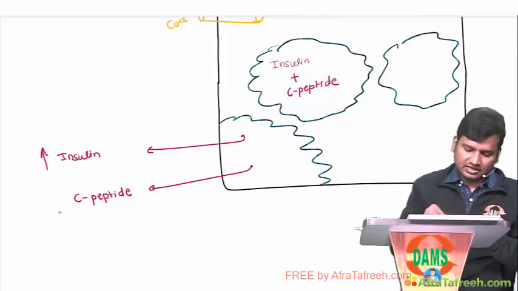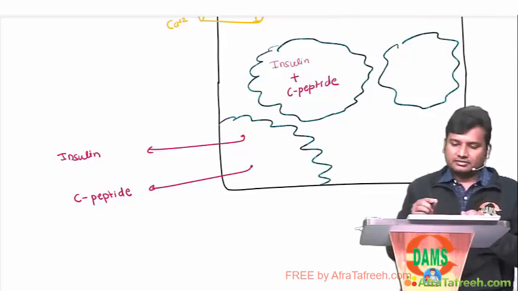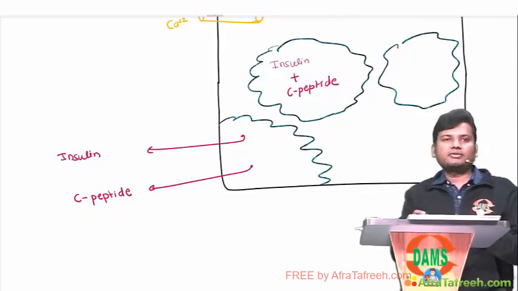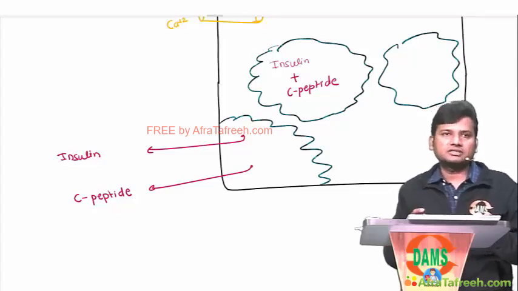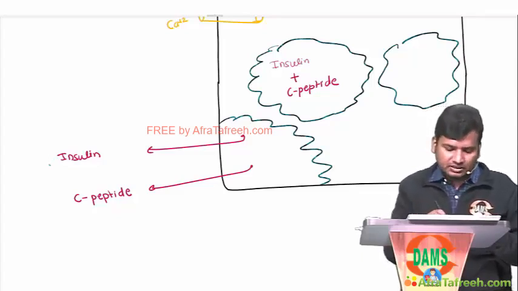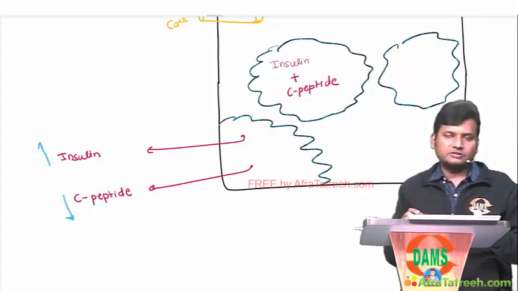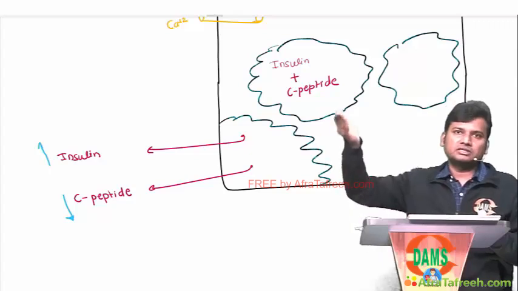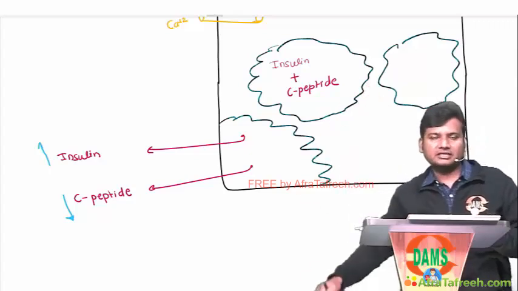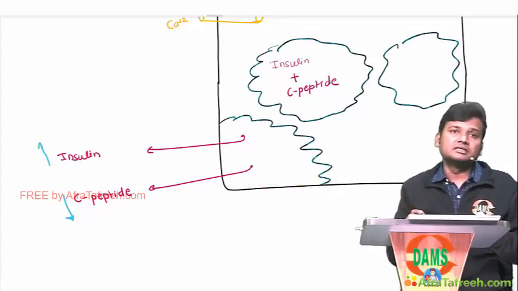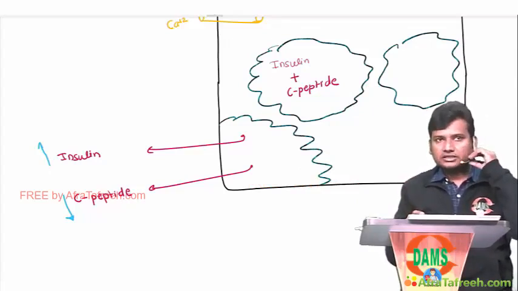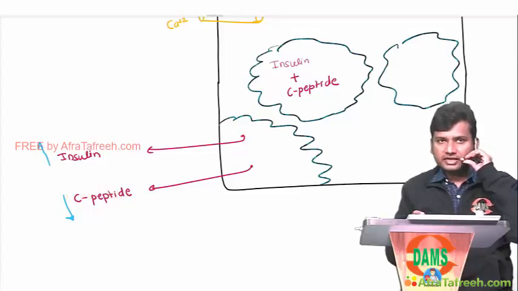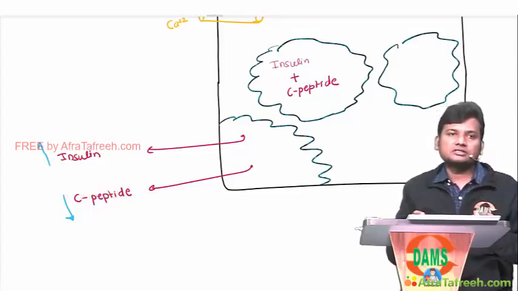In MCQ exam, they will give you that the patient has hypoglycemia, sugar levels are decreased, and on blood investigations insulin is increased but C-peptide is decreased. It means this insulin is not coming from the beta cell, it is coming from outside the body, so it is exogenous insulin.